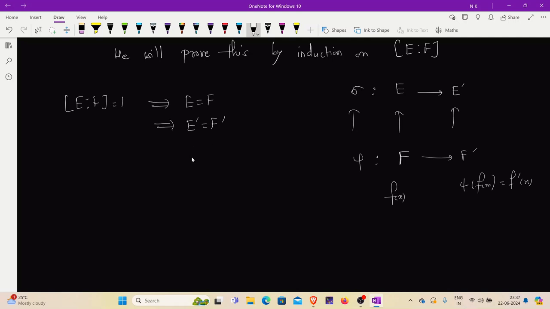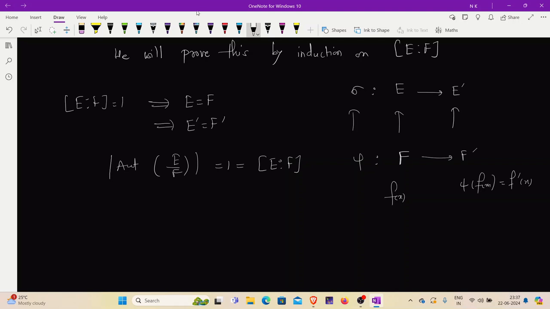So in this case the cardinality of automorphisms of E over F will be equal to 1. Only one extension is possible because E and F are the same, E dash and F dash are the same, so there is only one extension, and that is equal to the degree of extension of E over F.